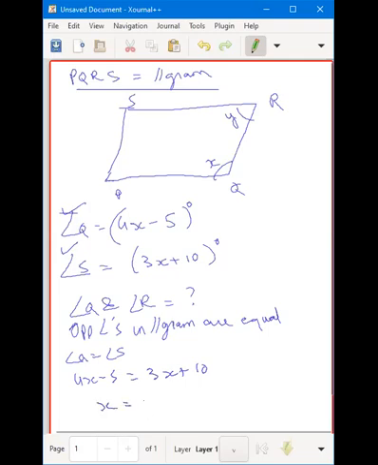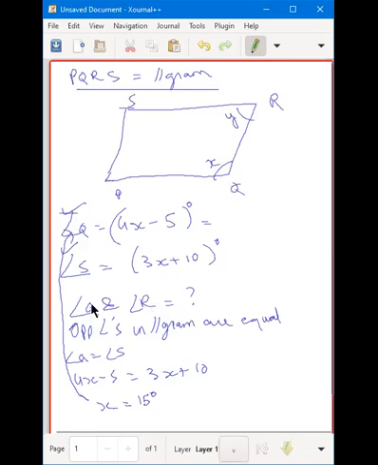So x is 15 degrees. So can you find out angle Q?